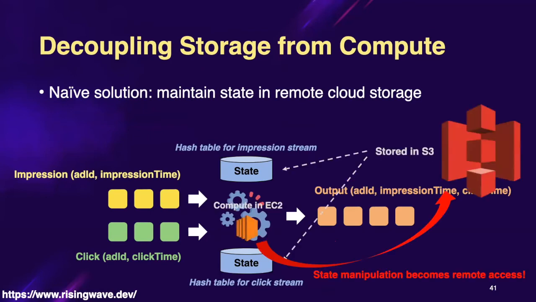But the naive solution is that we just store all of our state on remote cloud storage like S3. The problem is that every state access would become a remote access, which is very inefficient, right? So we need to go through the round trip of the network.